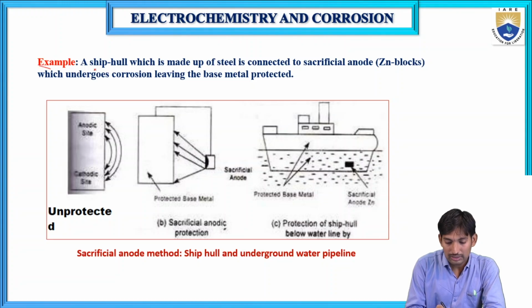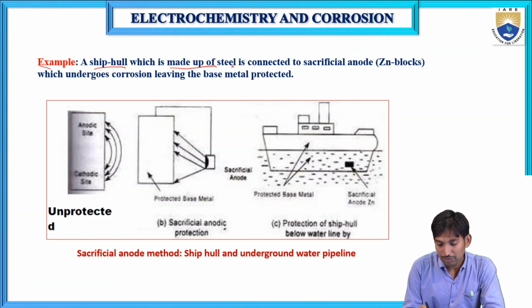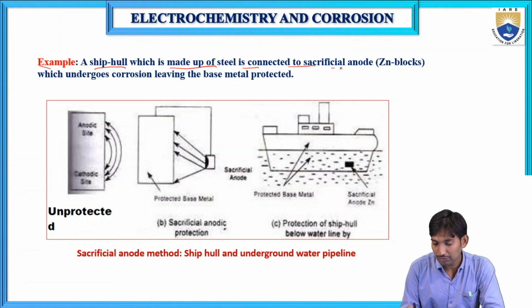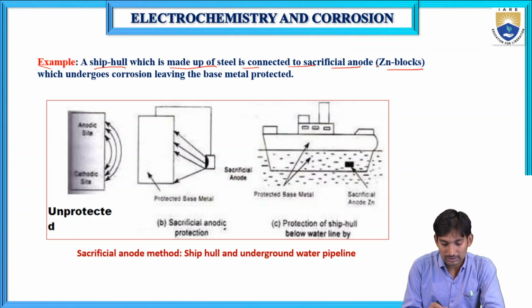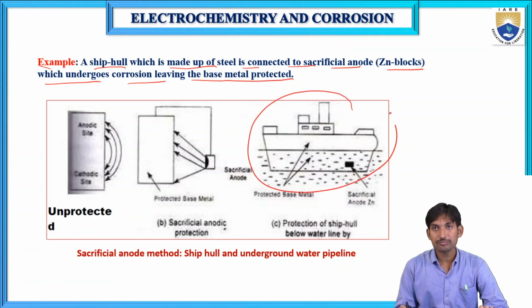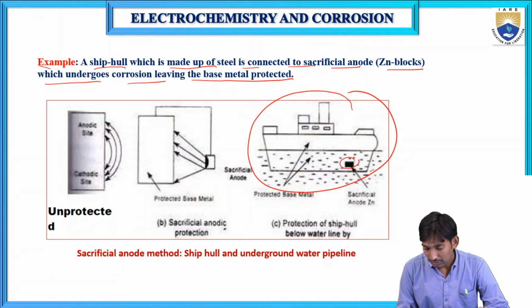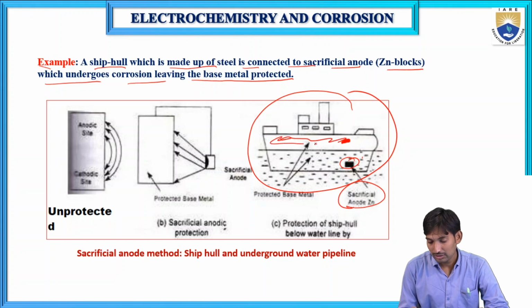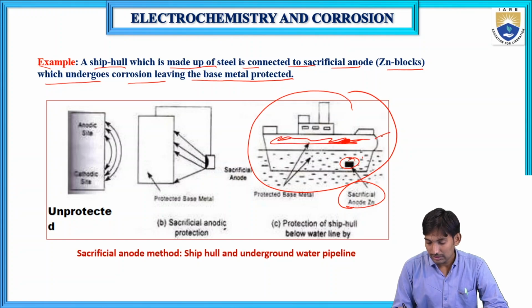Example: a ship hull made of steel is connected to a sacrificial anode, that is zinc blocks, which undergo corrosion, leaving the base metal protected. This is the ship. In this ship we have connected zinc blocks. This is steel and this is zinc.